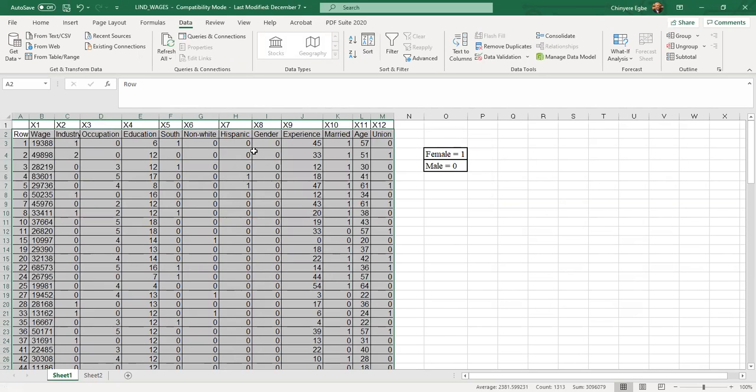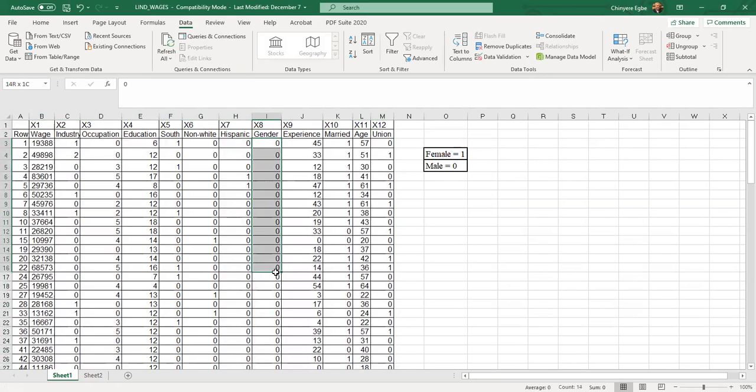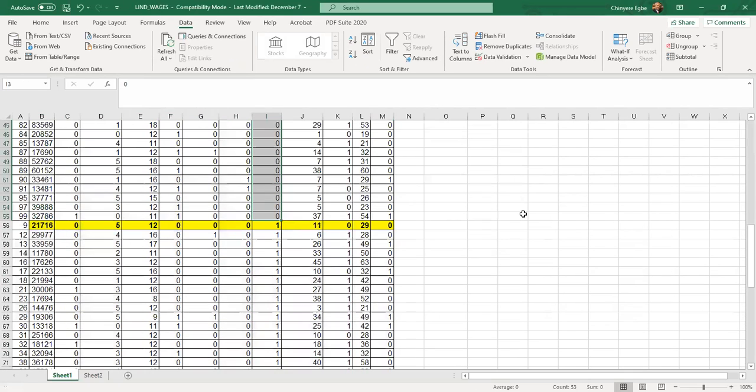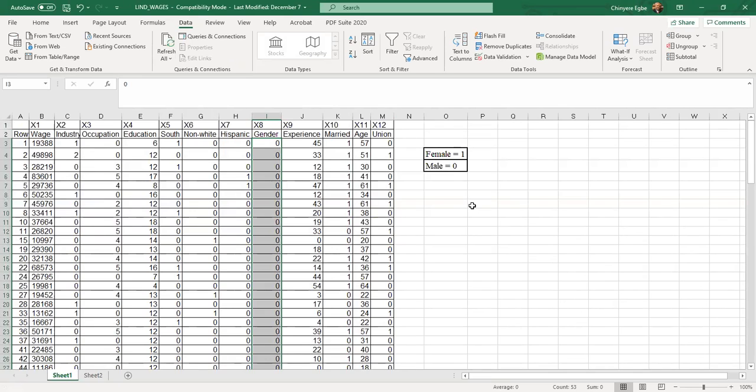And so you can see all the males come first, and then after that, the females. So you have sorted the data, and after you sort the data, then you create a table.